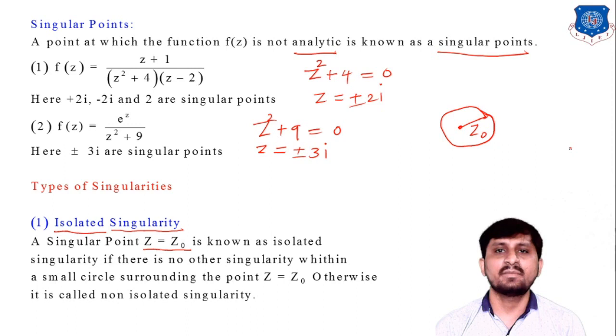Because finitely many singular points means between any two singular points you have a fixed distance, and if you take a radius smaller than that fixed distance, in that circle you definitely have only one singular point. Other than that singular point, you don't have any other. So very important: if you have finitely many singular points, all are isolated singular points, right?